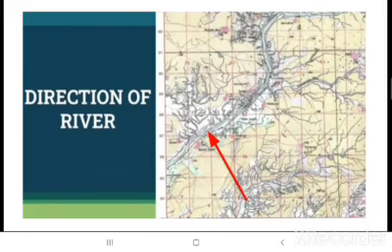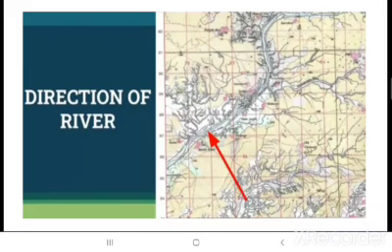So once you know the direction of the river, you place yourself in the same flow, and you can easily identify, according to your right hand and left hand, which is the right bank and which is the left bank of the river.